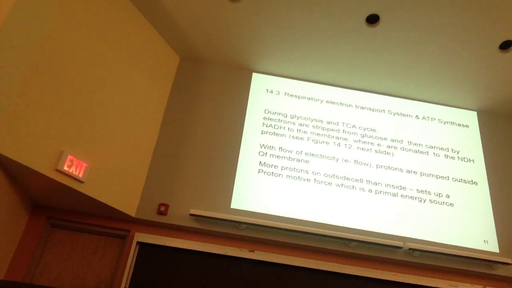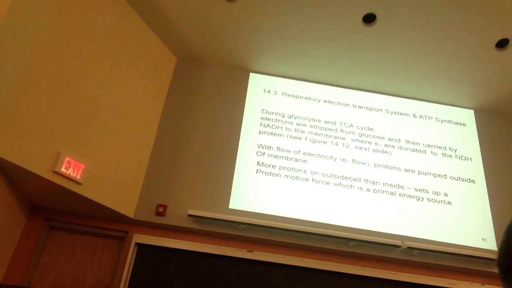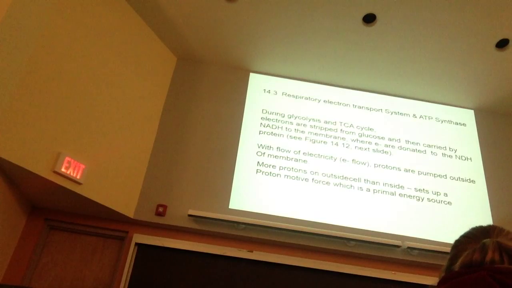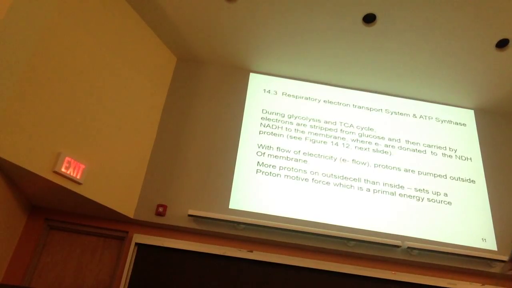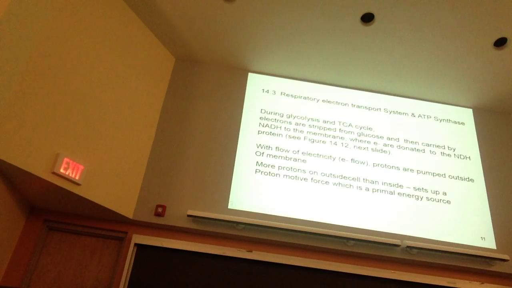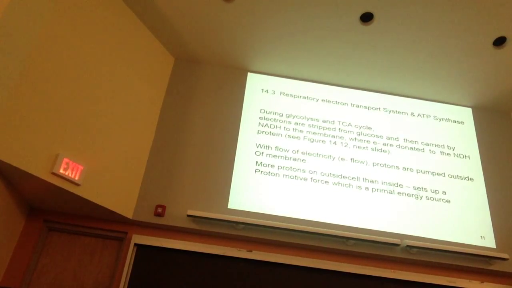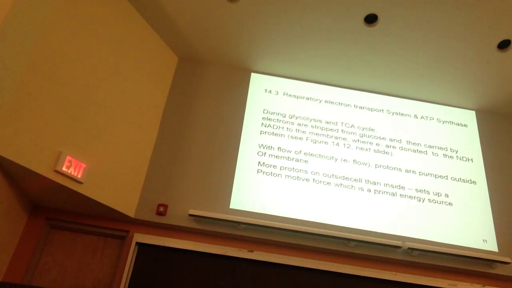So electron flow first, proton motive force second, ATP production finally third. That's why I say electron flow is the primal energy source. I say proton motive force is the primal energy source, but understand it is a result of electron flow.